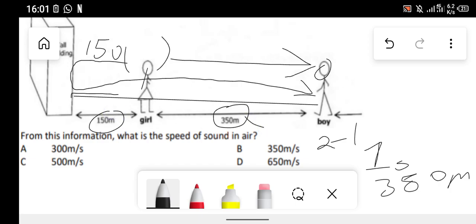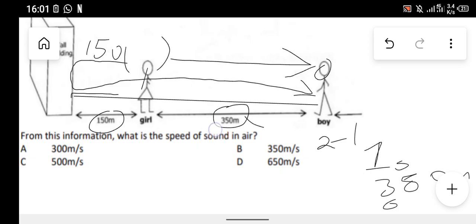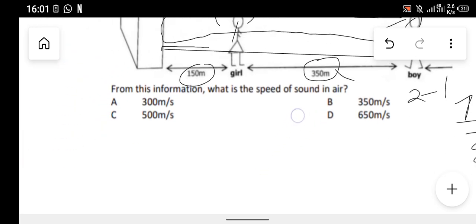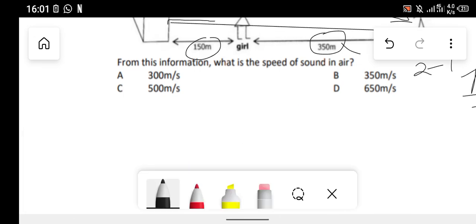We're going to get 650. We have gotten our distance and our time.